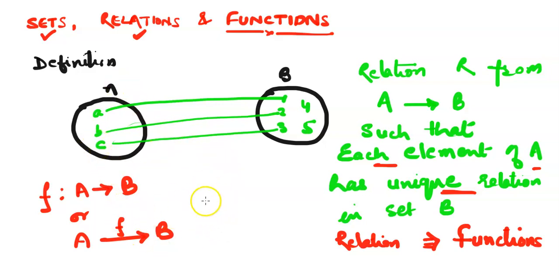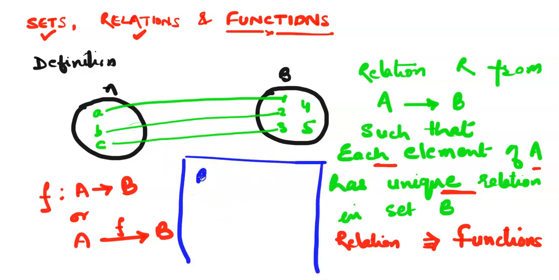So in this case, there are a few other definitions that we should remember. B is called the codomain.